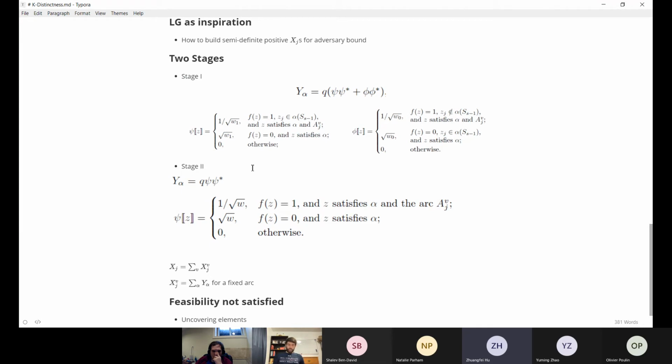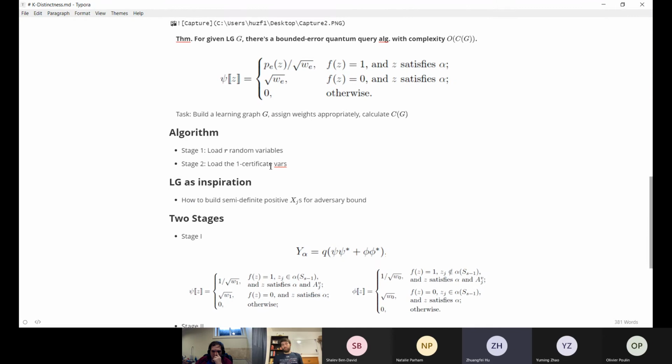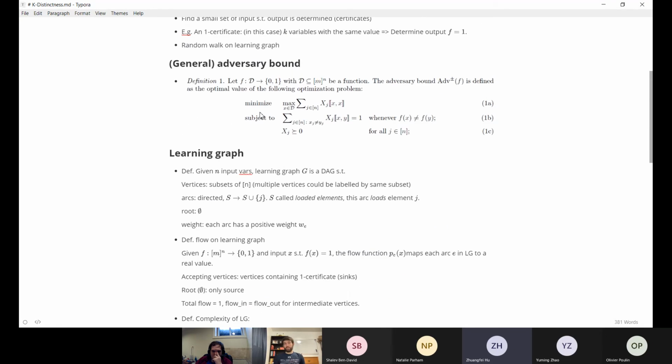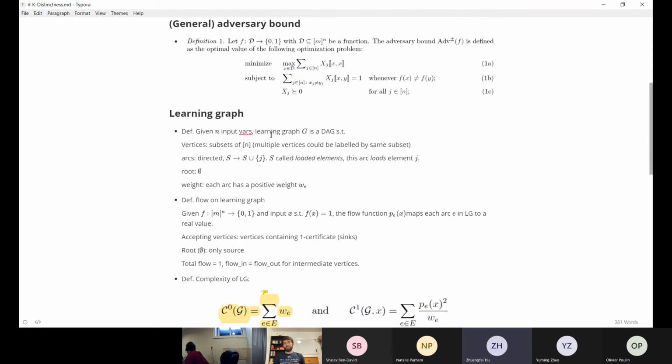But this is a preliminary version of the final solution, and this solution has a serious problem because it does not meet restriction 1b. In the original learning graph model, restriction 1b is ensured by defining the concept of a flow.